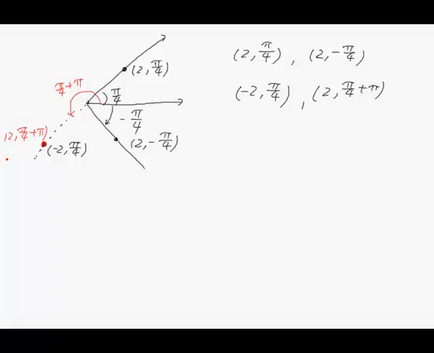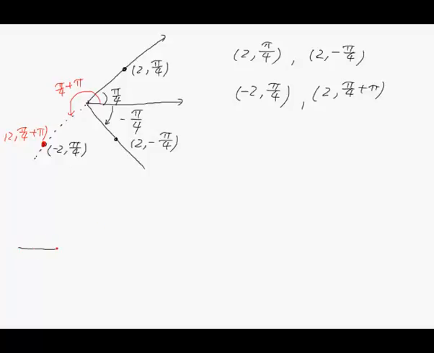So now you notice one important thing about the polar coordinates. That is, we don't have the one-to-one correspondence between the points in the plane and the polar coordinates. This is quite different from the rectangular plane, right? In the case of the rectangular plane, we have the one-to-one correspondence between the points and the pair of the coordinates.